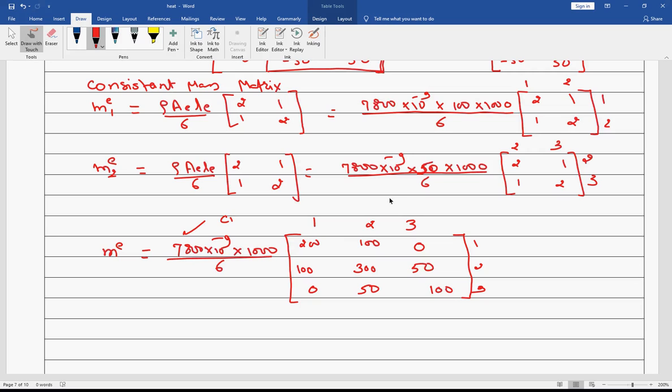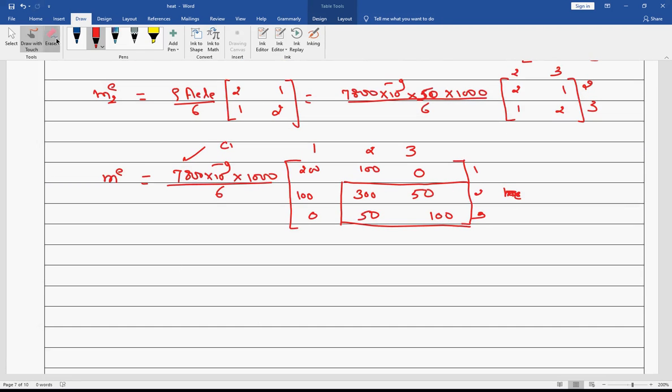Okay, thanks. So now again the first row and first column will get eliminated. Okay, so this is my global mass matrix. So I can write my global mass matrix, C1, I called it as C1 value. Okay, and that will be 300, 50, 50 and 100.